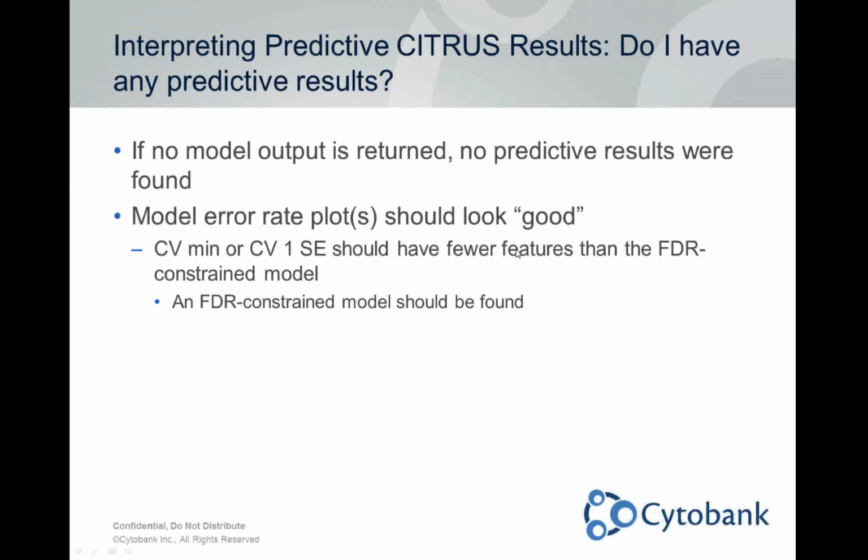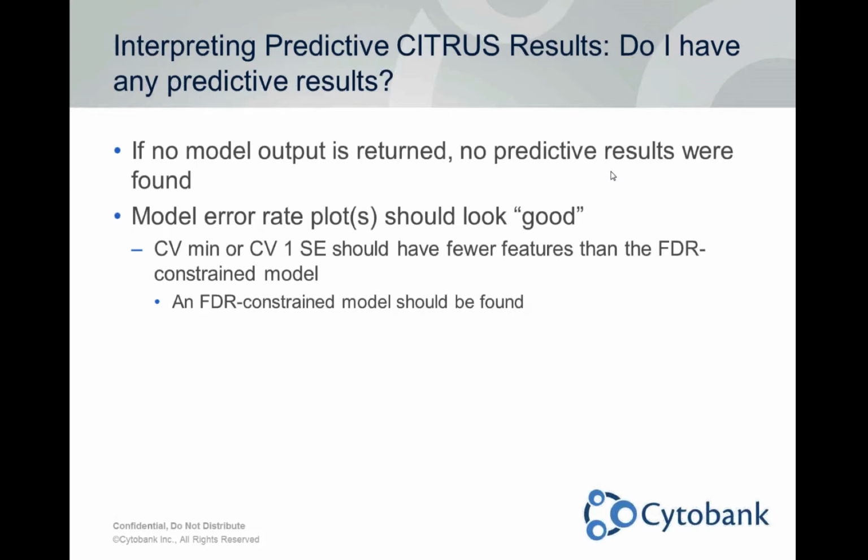If there's no model output returned, if there's a blank folder, that means there's no predictive results. It didn't find anything. There's no predictive differences between your groups.